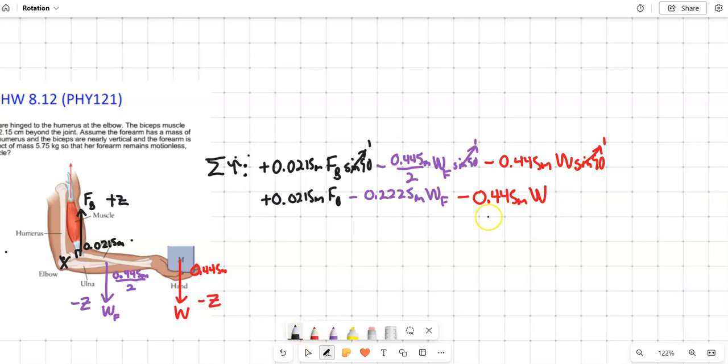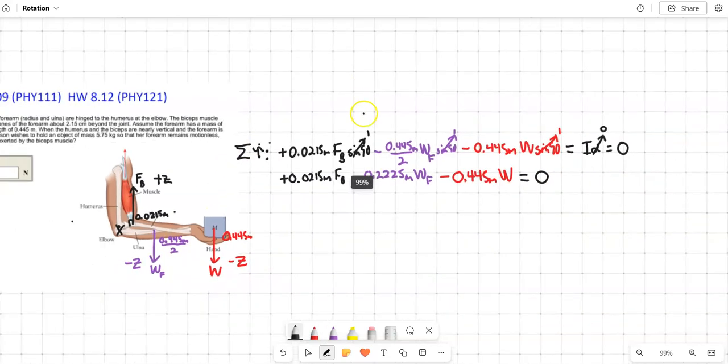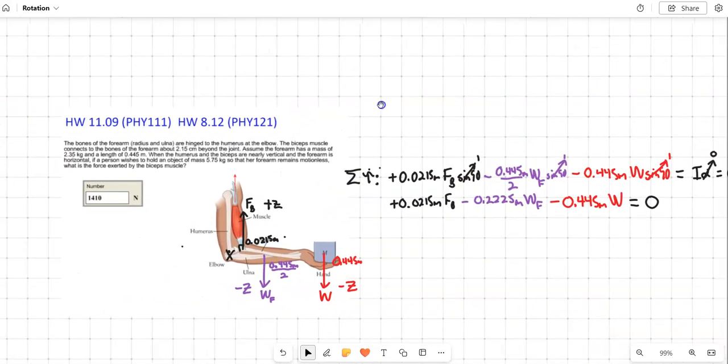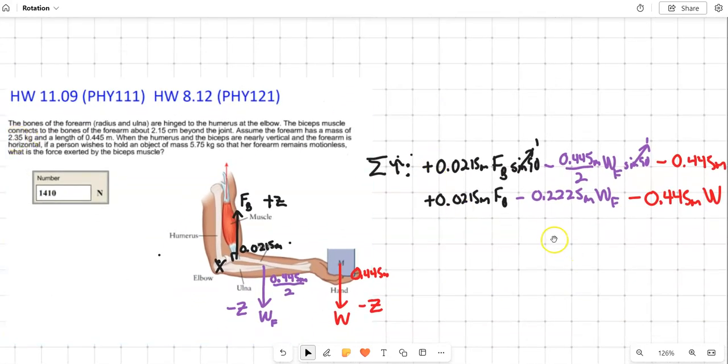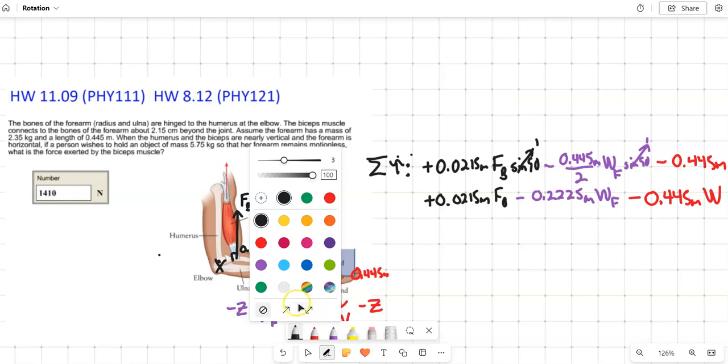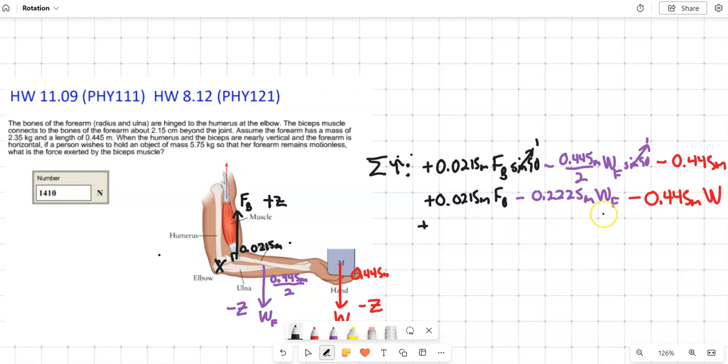All right. Again, we're going to set this top one all equal to I times alpha. Since it's not spinning or moving in any direction, it's in a static state, I times alpha is going to be equal to 0. Now we're going to insert our values for the mass of the forearm, which is 2.35 kilograms. So we're going to whittle this problem down to where we just get numbers.